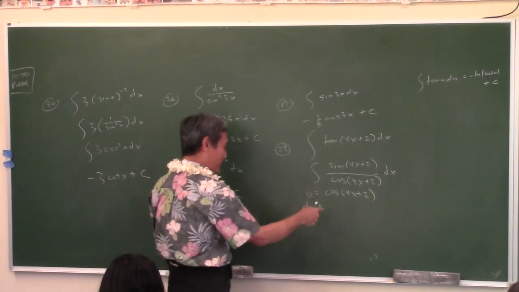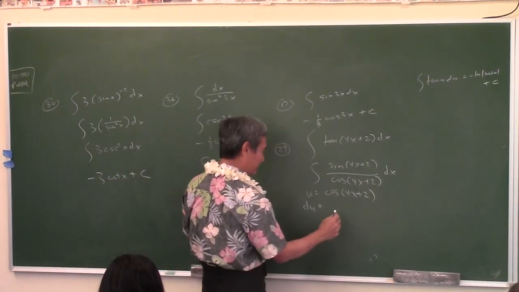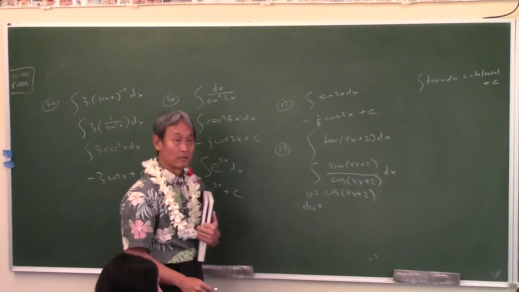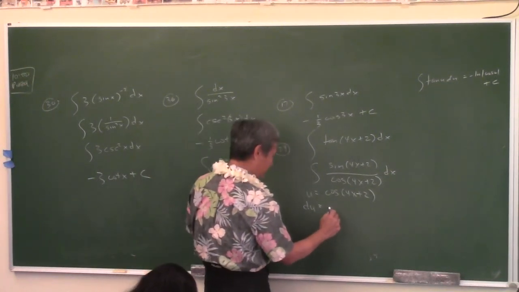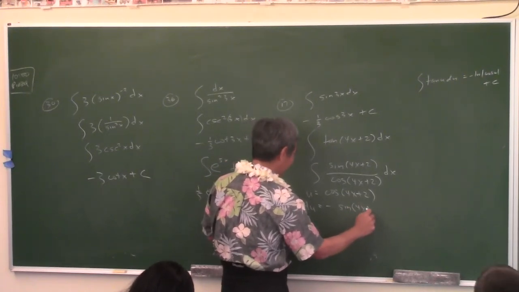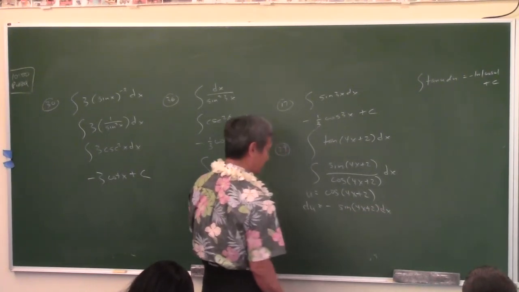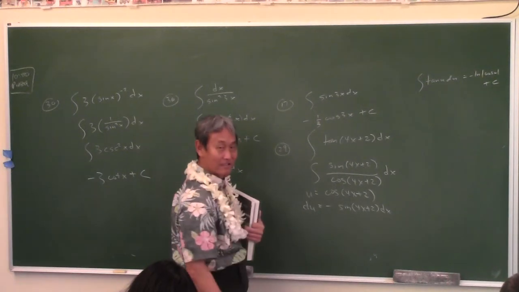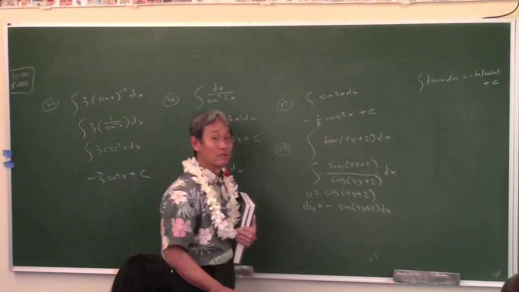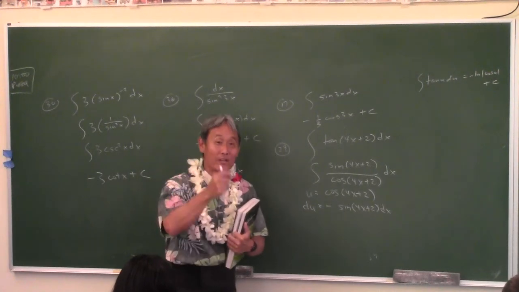Ichimura, redeem yourself. What's du? Negative sine of the box dx. We're taking the derivative.